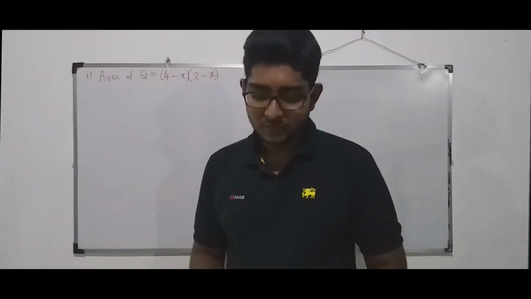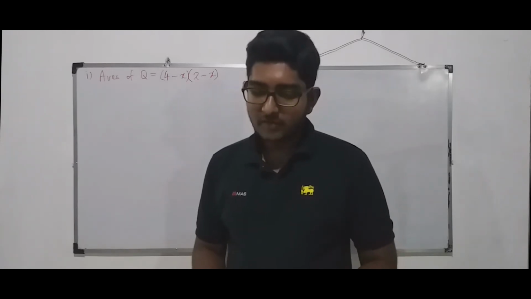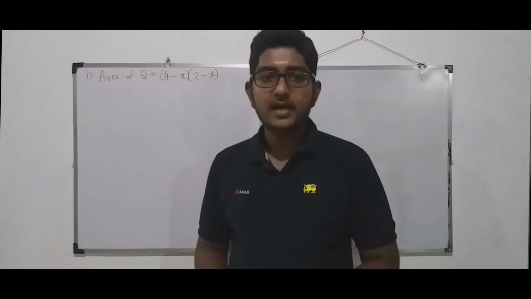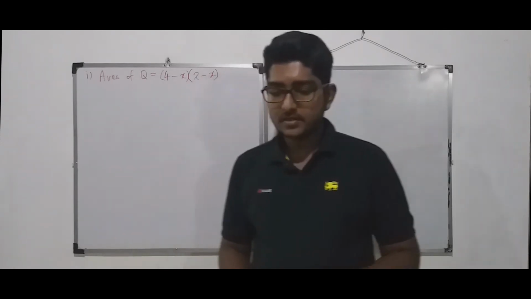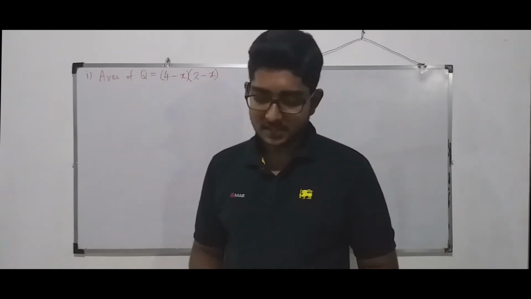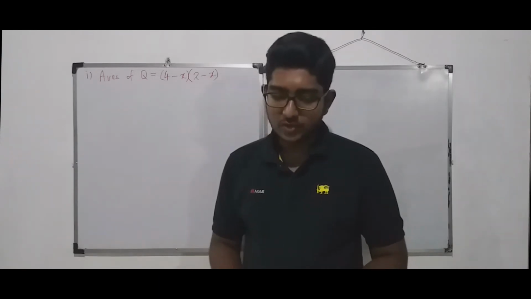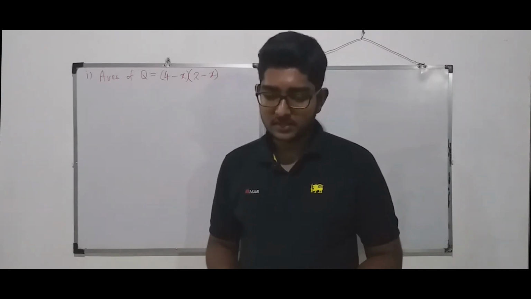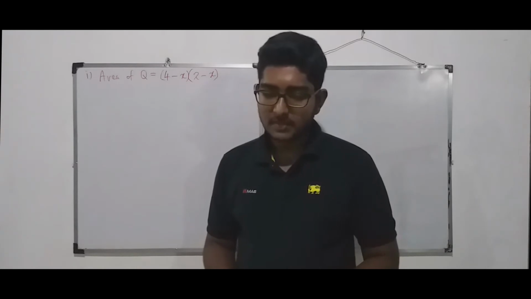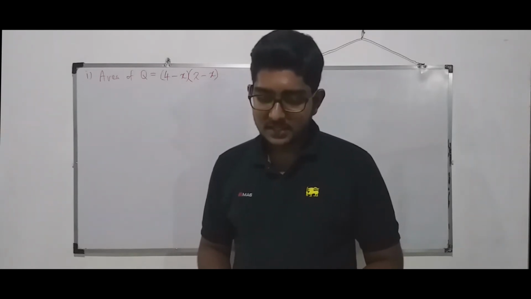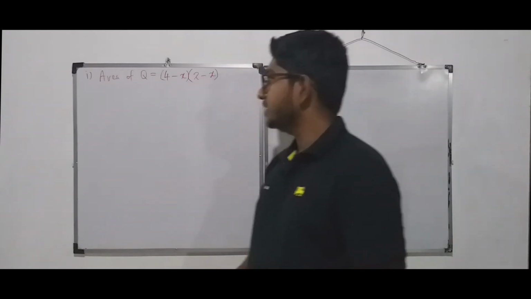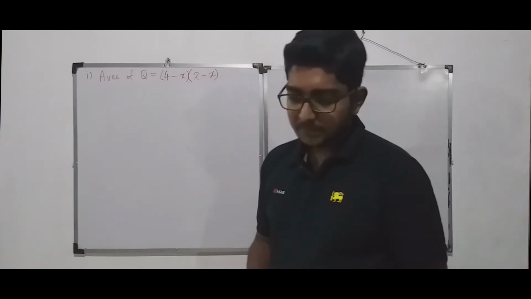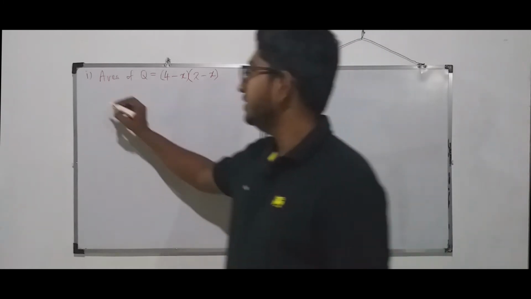Roman number 2. The area of P is twice the area of Q. So they have given a relationship for the two areas of P and Q sections. From that we have to show a quadratic equation. Show that x squared minus 12x plus 16 equals 0. So we have to consider that relationship, area of P. So what is the area of P?